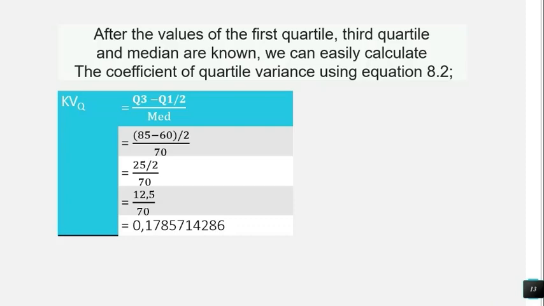KVQ equals (Q3 minus Q1) divided by 2, and then divided by the median, equals (18.5 minus 16) divided by 2, and then divided by 17, equals 2.5 divided by 2 divided by 17, equals 1.25 divided by 17, equals 0.178571426.